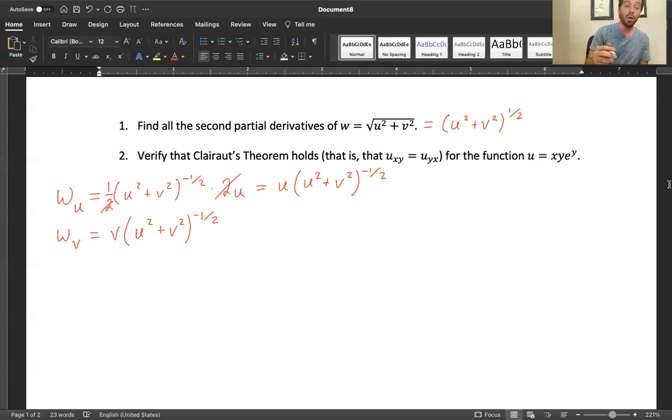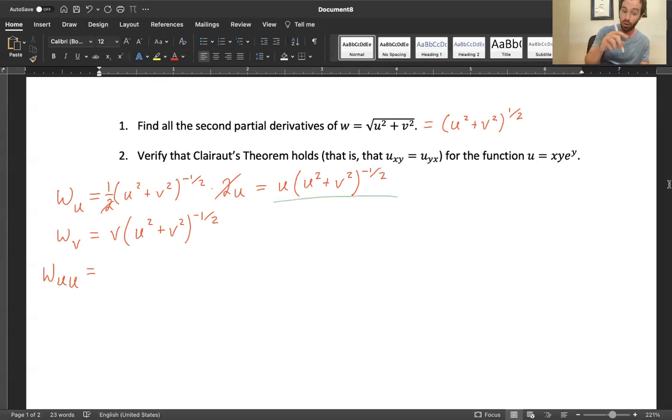Okay? All right. So now I want to find the second partial derivatives. I'm going to take the derivative with respect to u and differentiate that with respect to u again. Woo! Get it? W-U-U? Yeah, no. So I'm no longer referring to the original function.